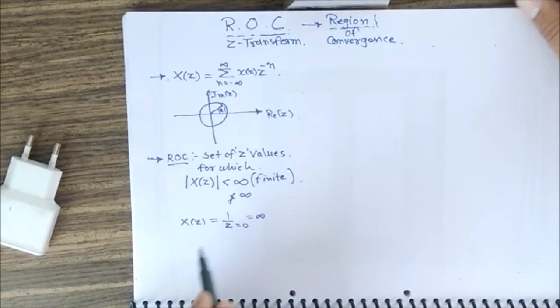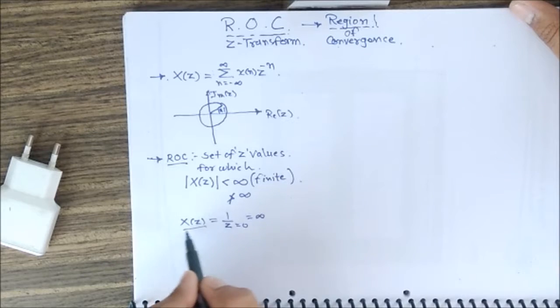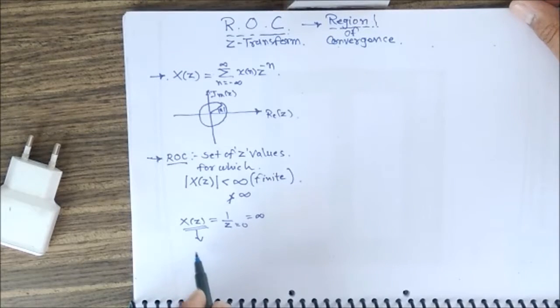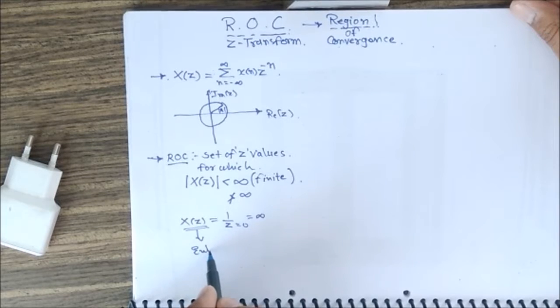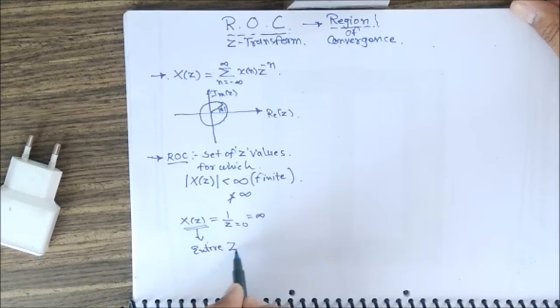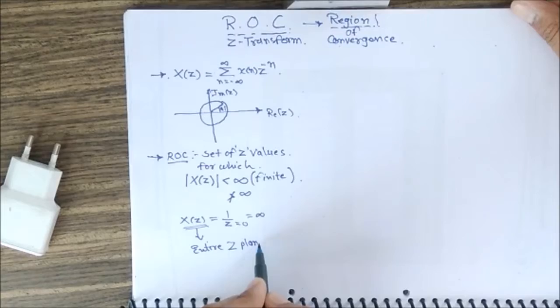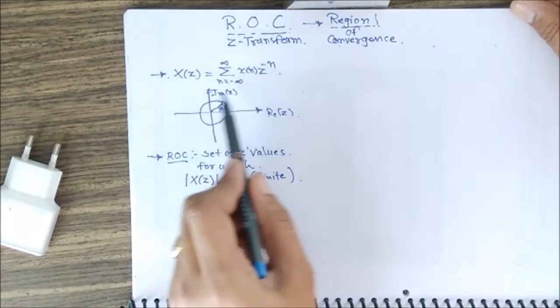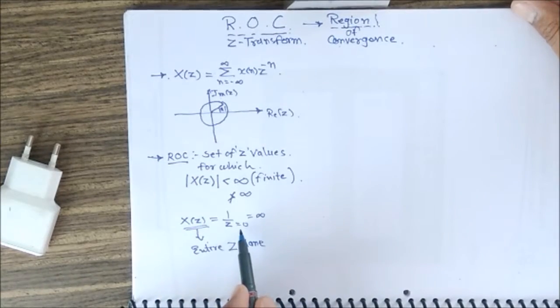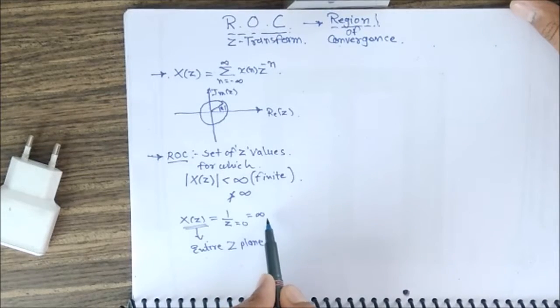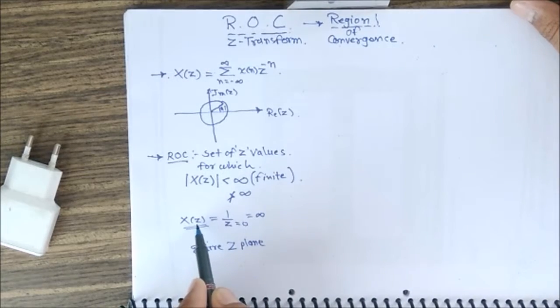So our condition for ROC for this X of Z will be the entire Z plane, which is the whole Z plane, but we should exclude the value Z equal to 0, for which the X of Z becomes infinite.